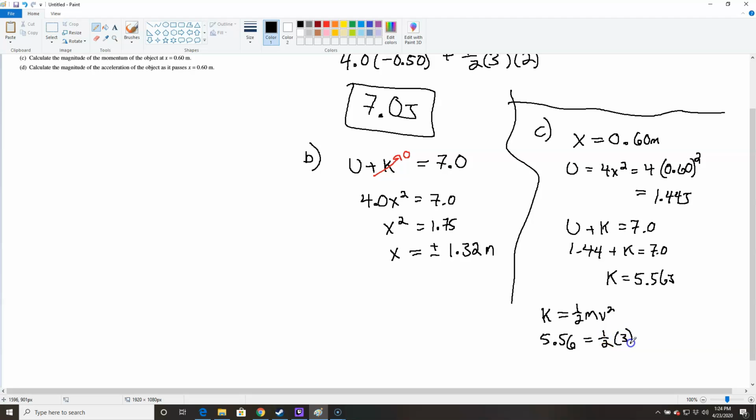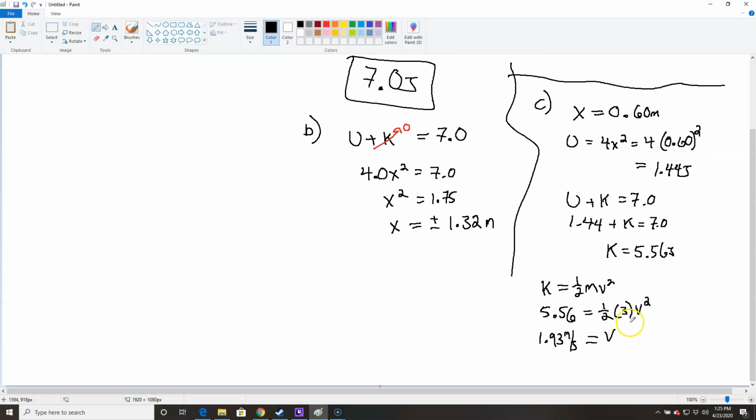The mass is given as 3. I will solve the velocity of this object: 5.56 divided by 1/2 divided by 3. Take that quantity, put it under a square root, and get 1.93 meters per second. Our final step then, I'm running out of room, but we'll make it. P equals mv.